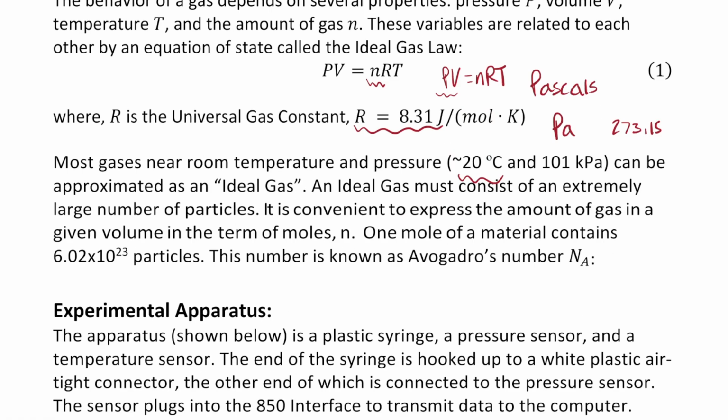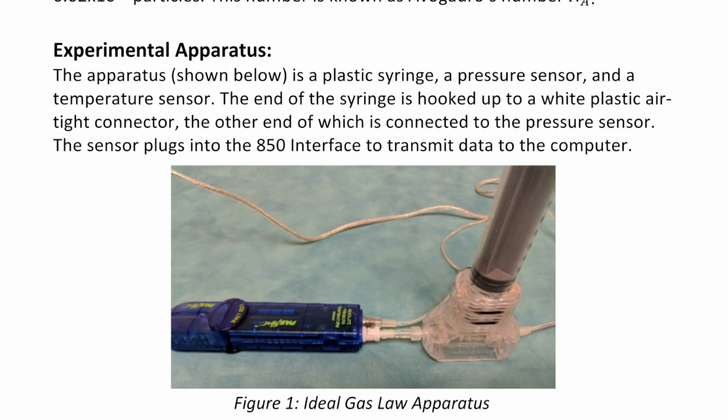All right, and so the experimental apparatus for this lab is really simple. All you have is a syringe here, and that syringe connects to a pressure and temperature sensor. The pressure and temperature sensor are both in here, and this will connect to Capstone. And then, in Capstone, you can do whatever measurements you need. One thing to note is that the lab will say to disconnect the syringe from this device by using this white coupler here.